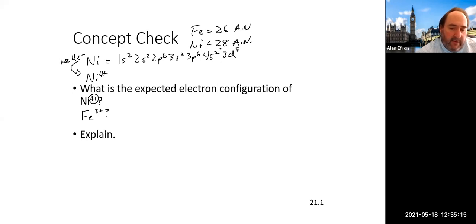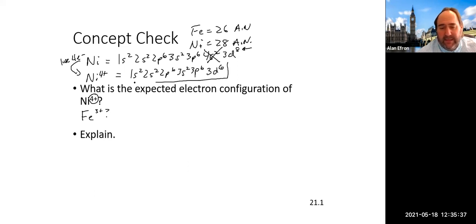The 2 electrons will come out of the s orbitals first because they are highest in energy. That's only 2 electrons. We then need to take 2 more electrons out of the d, yielding 1s2, 2s2, 2p6, 3s2, 3p6, and 3d6 as our electron configuration, argon 3d6. Any questions on that one?